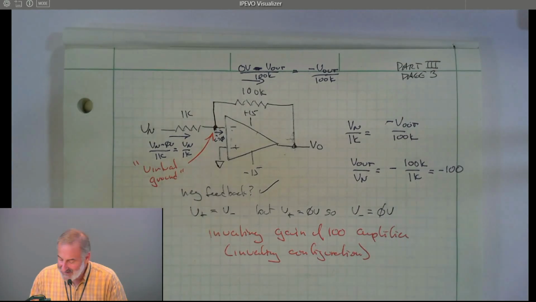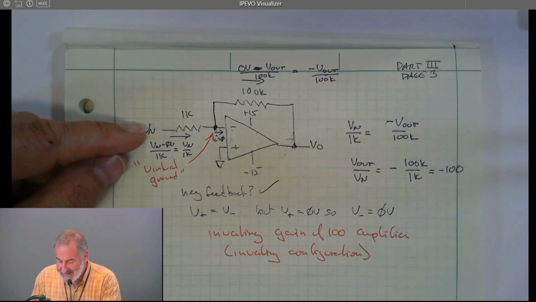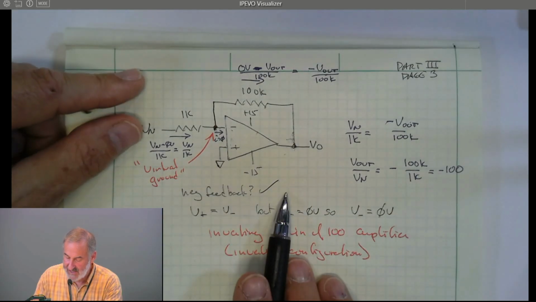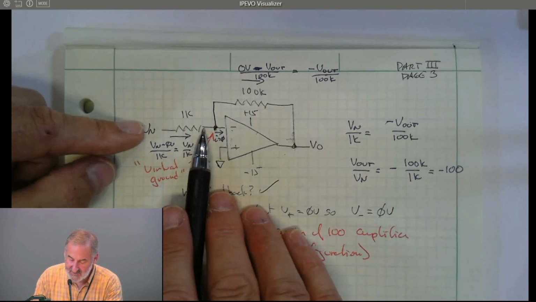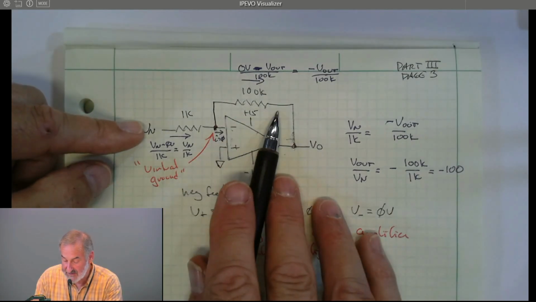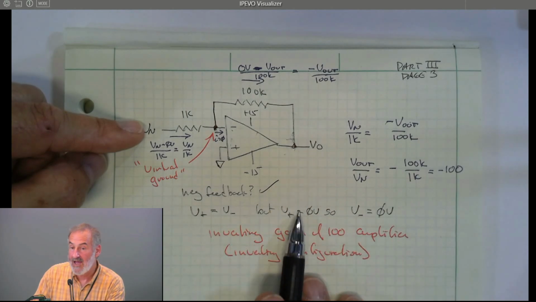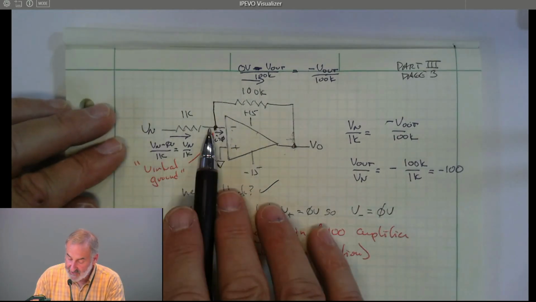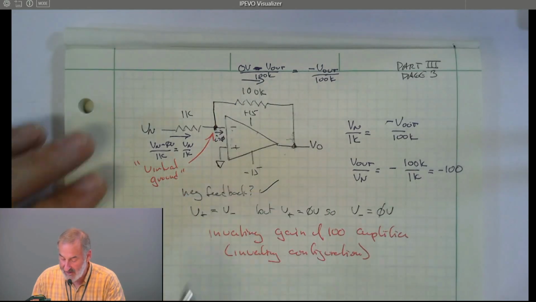So I think about this sort of as a teeter-totter. As this goes up and down, if this goes up, current flows in here, this has to go down. And of course, if this is a small resistor and this is a big resistor, this has to go down a whole lot more for the same current that flows into this node to flow out.